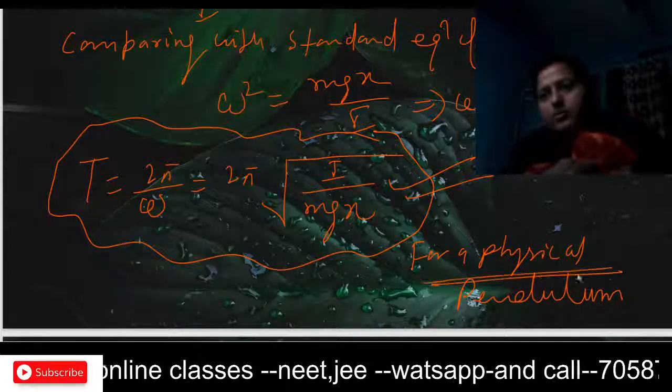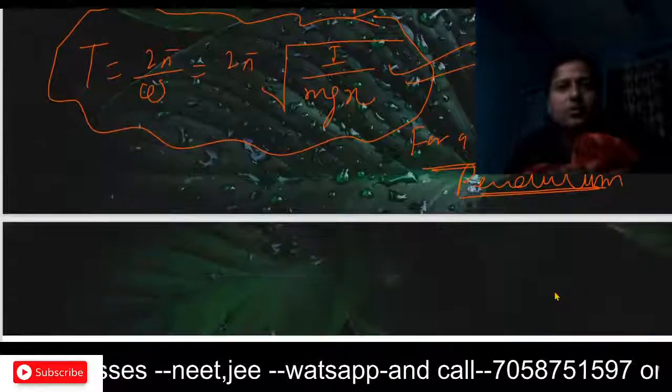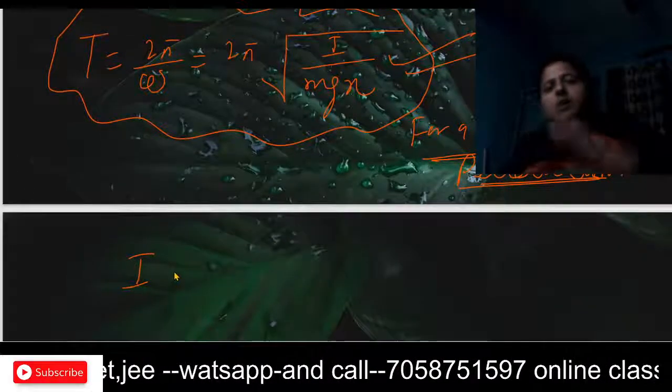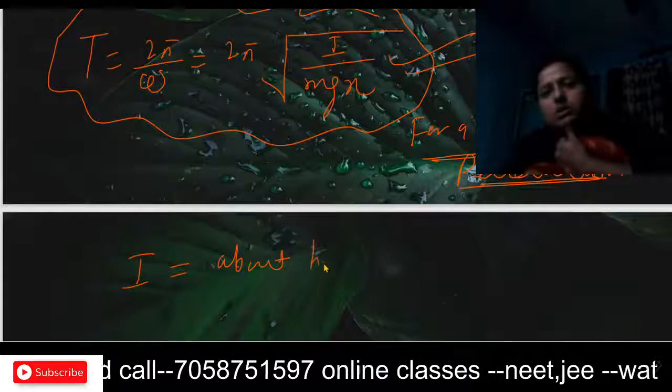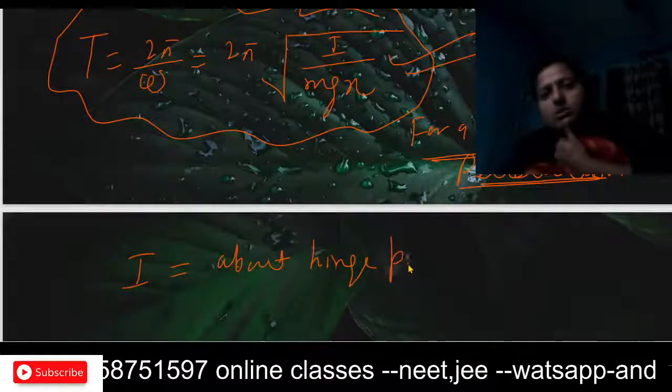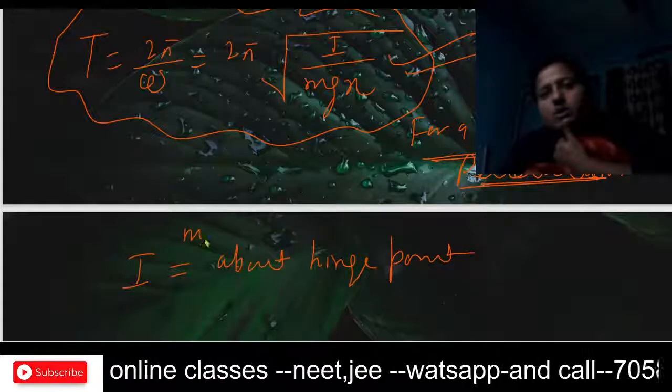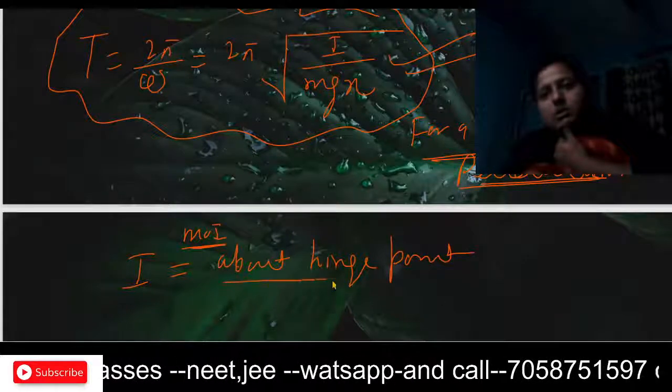So what is I? I is the moment of inertia about the hinge point.